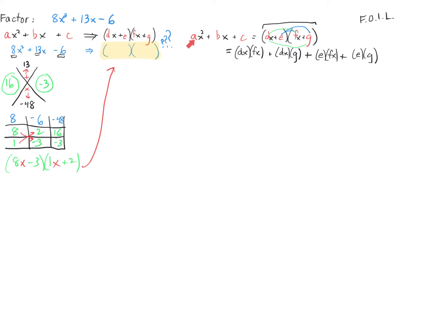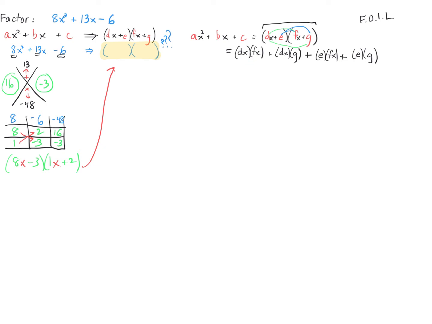The red parts are coefficients. So I'm going to rewrite this expression here with black x terms and red coefficients. And I'm going to be using the associative property of multiplication here, which means when you multiply things like d times x times f times x, you can change the order of those factors.